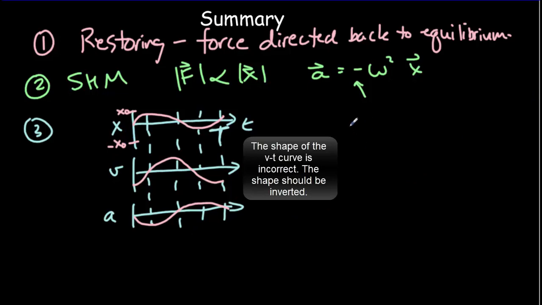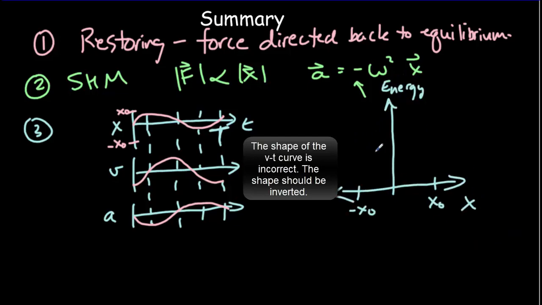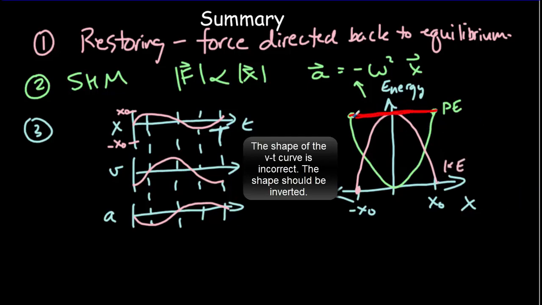We then did graphs of energy versus both displacement and time. Our graph versus displacement had a potential energy, and you had a maximum potential energy at the endpoints. It had a kinetic energy, which was maximum at the equilibrium point, and a total energy that was a constant value.